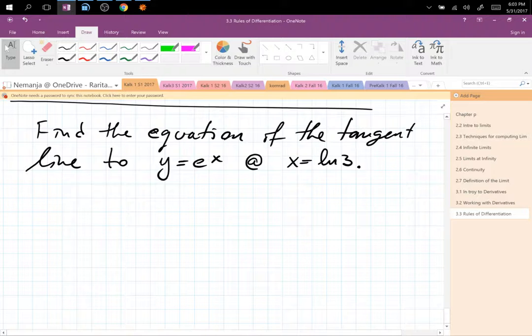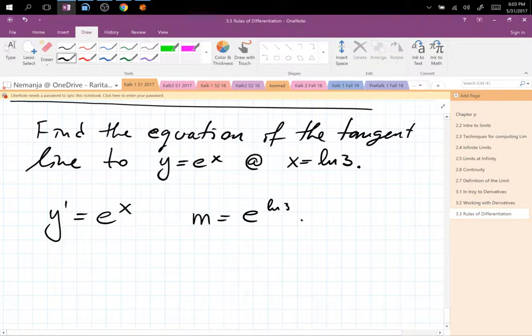Where do we start? What's first? Find the derivative, right? So y prime is e to the x. So the slope is e to the ln 3, which is 3.